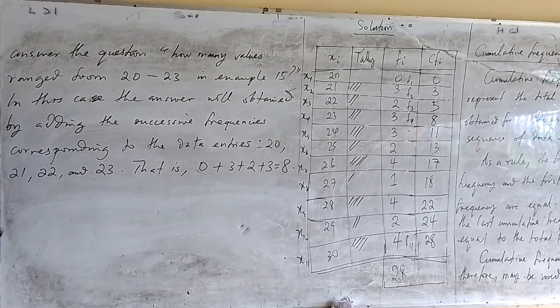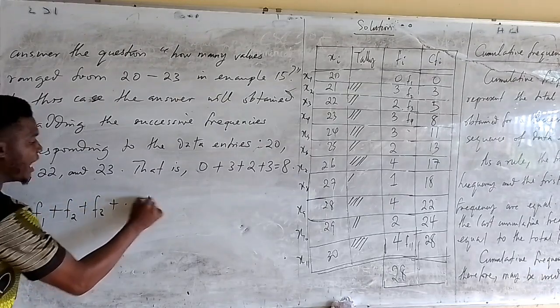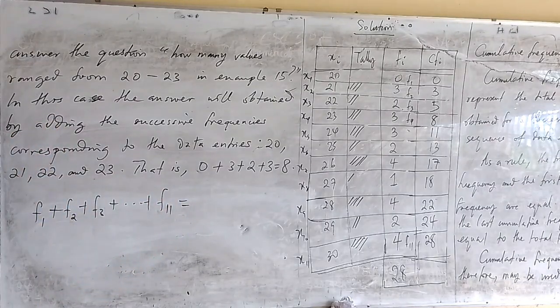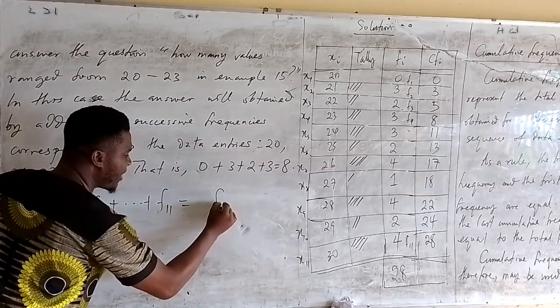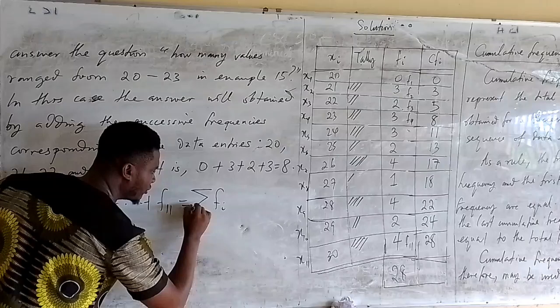So if I want to say I am adding F1 to F2 to F3 up to F11, we don't write like that in statistics. What we do is we take Fi and then put the summation.